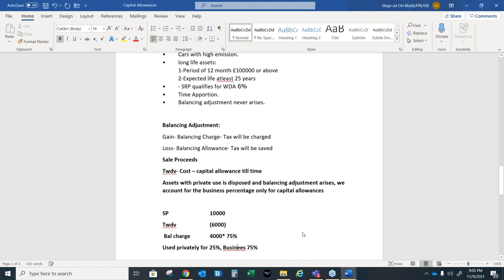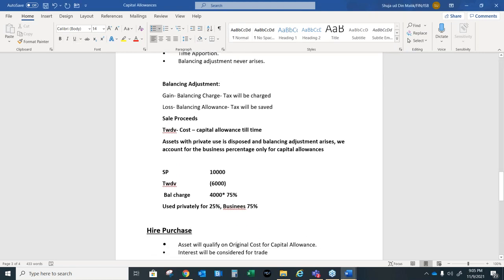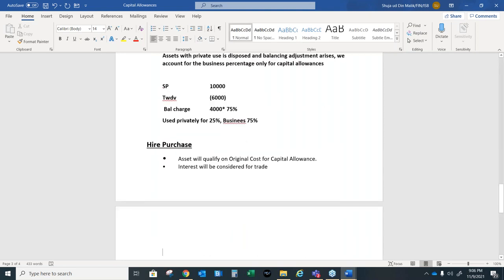Okay, if there are any questions till now, please feel free to ask. I will be completing the capital allowances by moving on to hire purchase. What are the assets that we club under hire purchase, or what do we refer to when we say this asset has been bought under hire purchase? Anyone who wishes to answer?